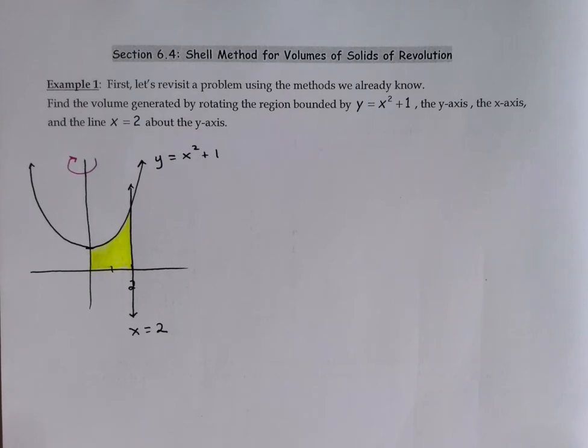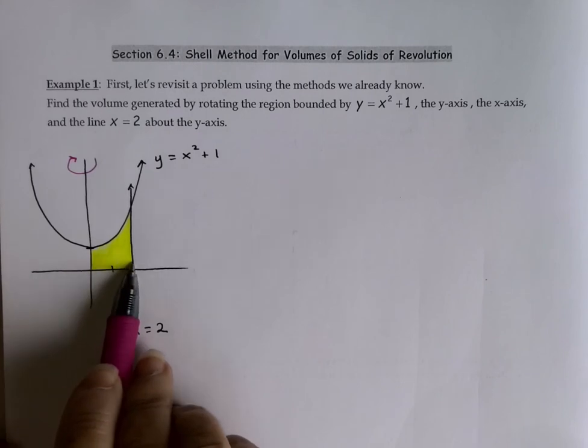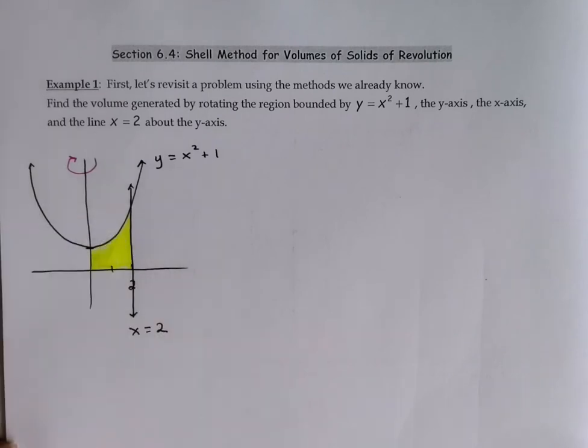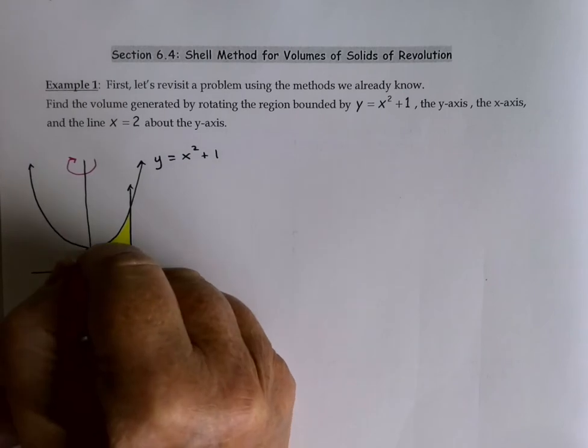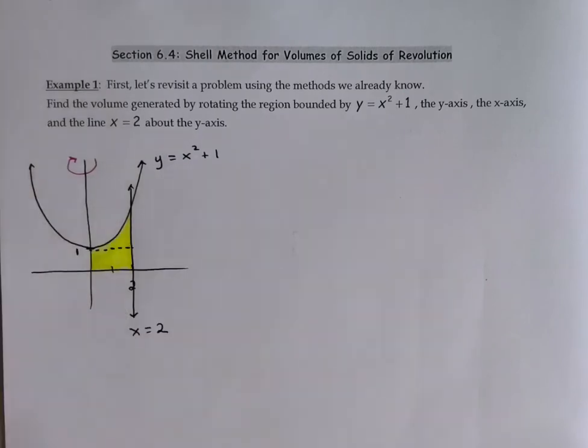If I were to draw horizontal rectangles, my representative rectangle on the bottom is going to go from the y-axis to the vertical line. But up here, it's going to go from the parabola to the vertical line. So in order to do this with horizontal rectangles, I'm going to have to do it in two sections. I'm going to have to split it up right here at y equals 1.